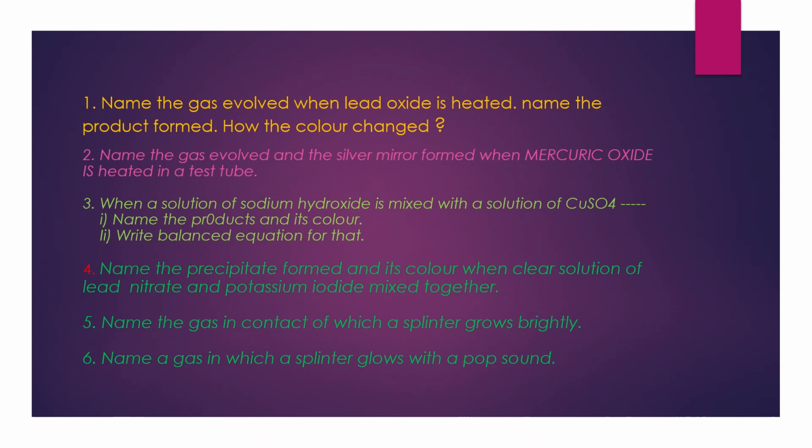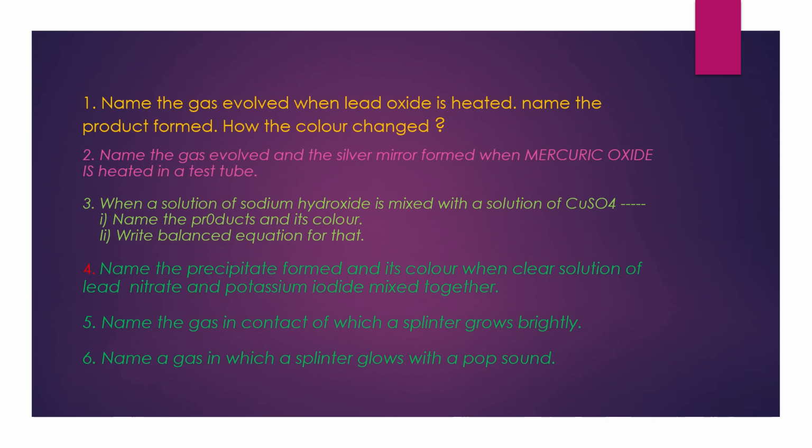See, here some important questions are there in this slide. Name the gases evolved when lead oxide is heated. Name the product formed, and all these things are there. These are all important questions from your course point of view. Name the gas in contact with which a splinter glows brightly.